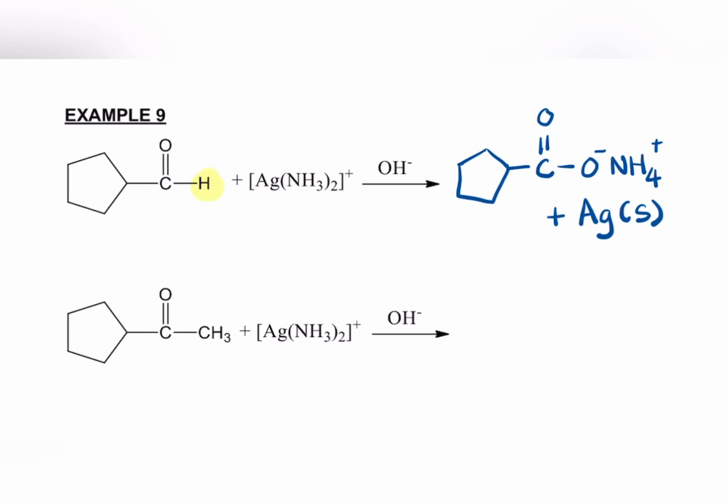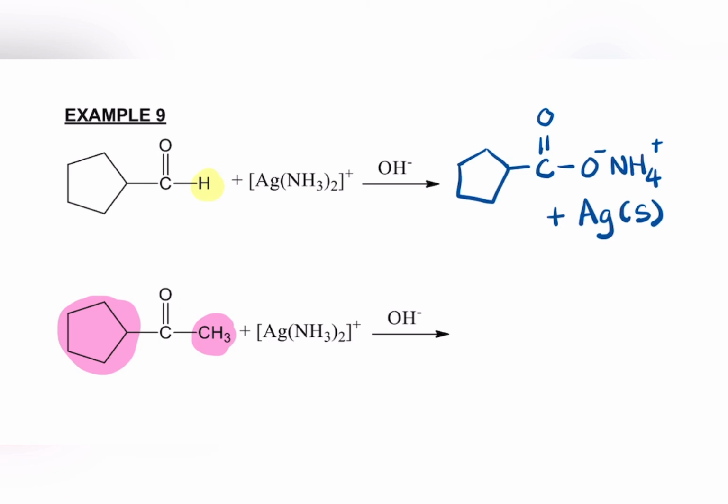Next, we go to the second example I have here, which is ketone. Why is it ketone? Because you have one alkyl group here and one more alkyl group here. There is no hydrogen just like this part, because this hydrogen is very important in oxidation. We call it the reducing hydrogen.